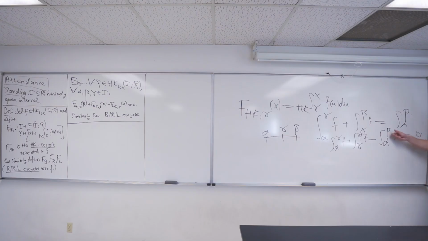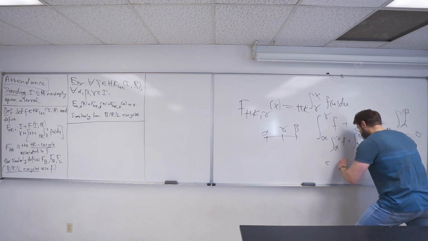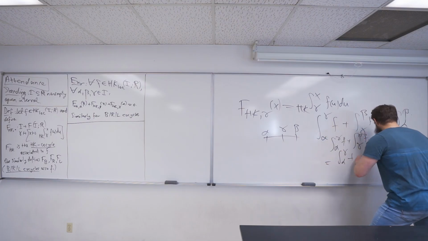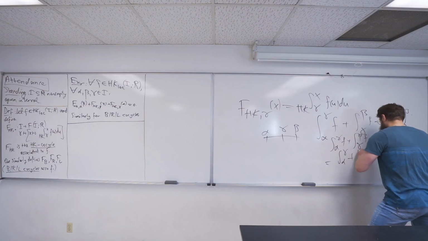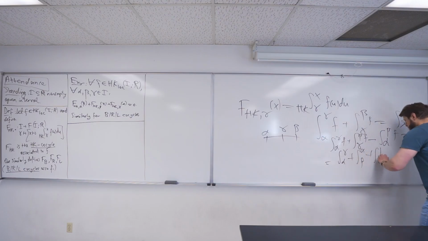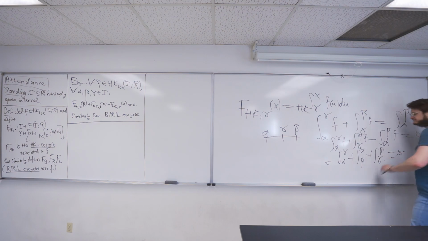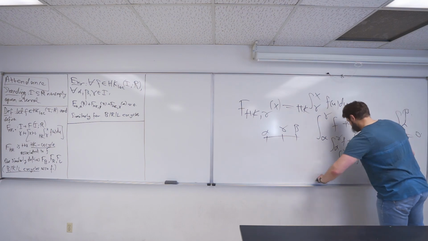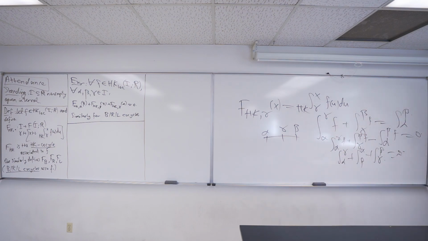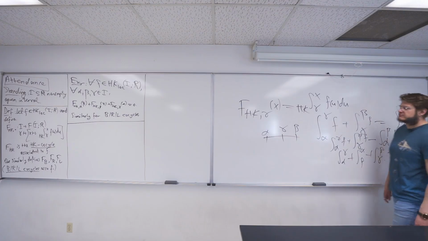But certainly, if I were to change the endpoints, that would turn into a plus, and I can put this in the middle. Alpha to gamma, gamma to beta, beta to alpha. So this should be 0.